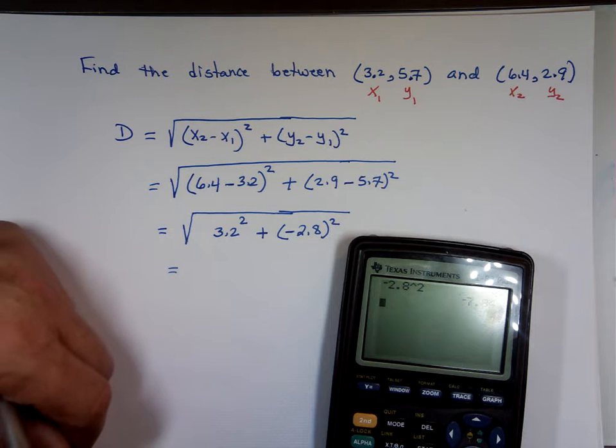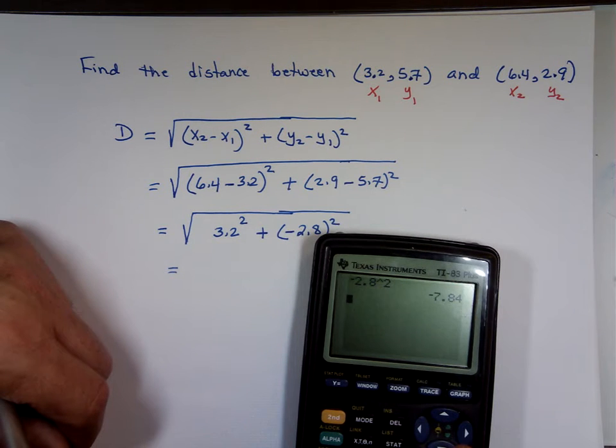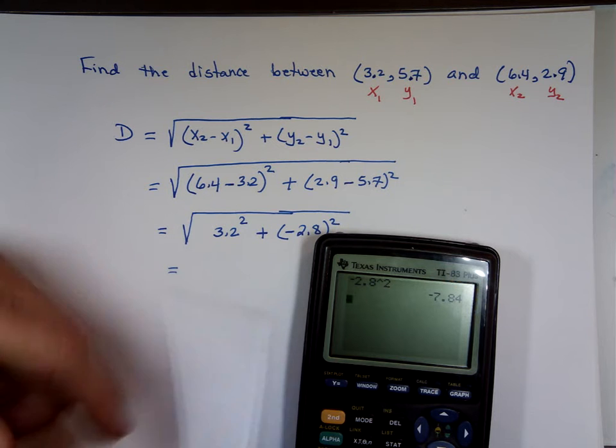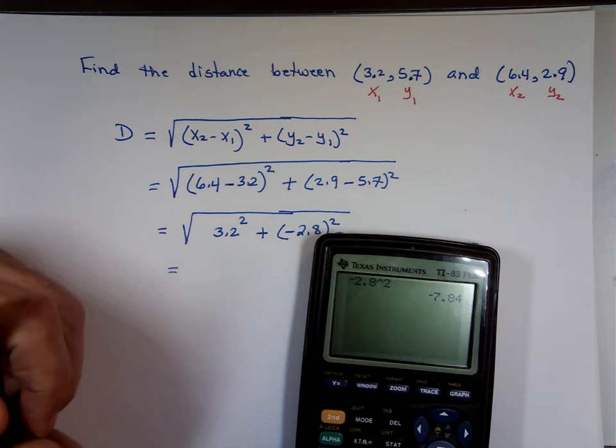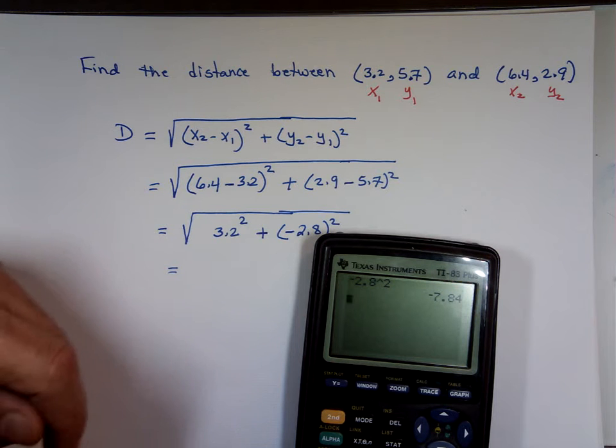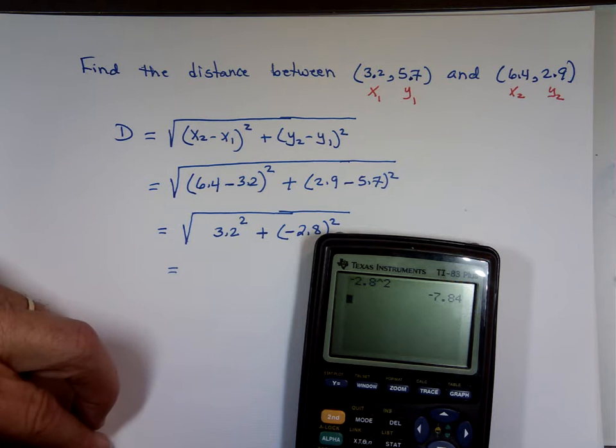Why? Because the calculator will square the number only and leave the minus sign. It does not square the minus sign. If you want to square the whole thing, you better write that in parentheses. Negative 2.8, close parentheses. Now square that. That should be a plus.